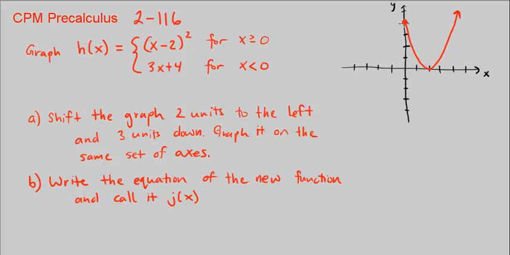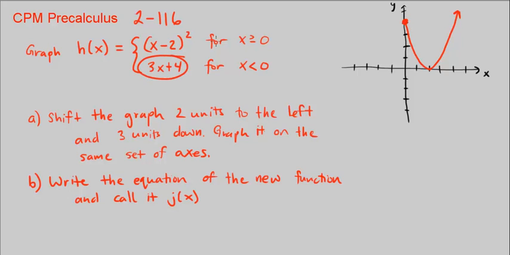So that's the first piece, and it ends here. The second piece is the line 3x plus 4 for x less than 0. So it's the line y equals mx plus b. The y-intercept is 4. So at 0, we get 4. And this time it's an open circle, but the open circle and closed circle together make it a closed circle.